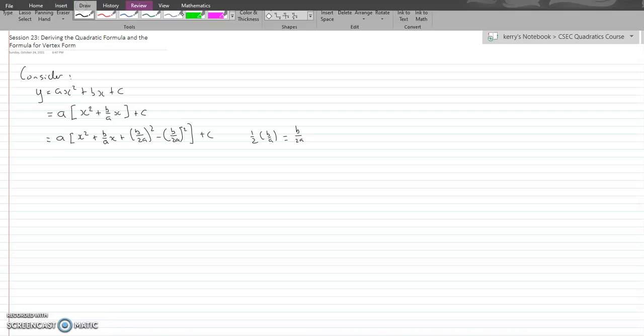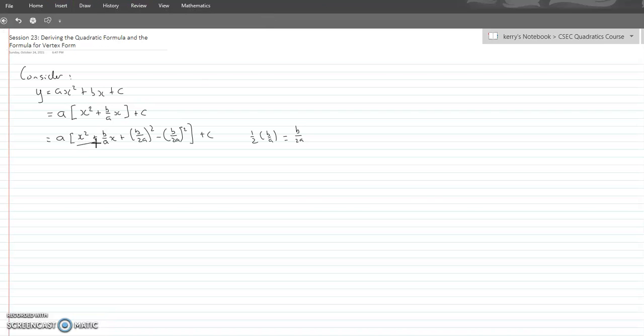Remember, the first 3 terms inside the brackets collapse into the perfect square. So this becomes a into x plus b over 2a, squared. Now this number here is b squared, and 2a all squared is 4a squared, plus c.